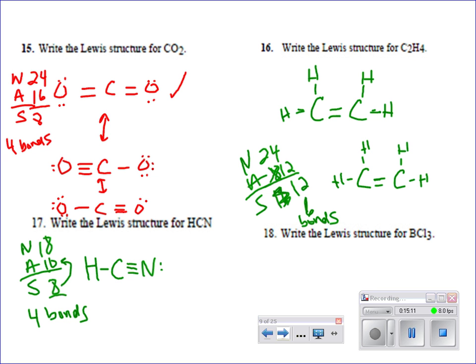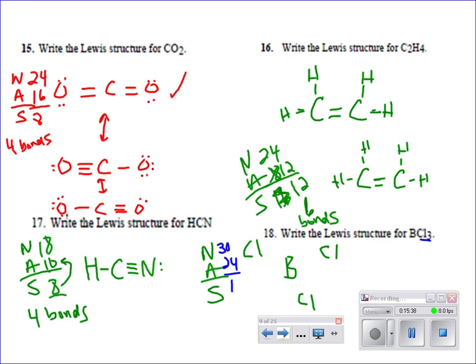BCl3. Oh, boron the moron. We have to be careful. Needed, available, shared. Boron is in the center. Cl, Cl, Cl. Perfect world, we need 8 times 3 is 24, but how many does boron need? 6, electron deficient, so that's going to be 30. How many do we actually have available? 7 times 3 is 21 plus 3 is 24.